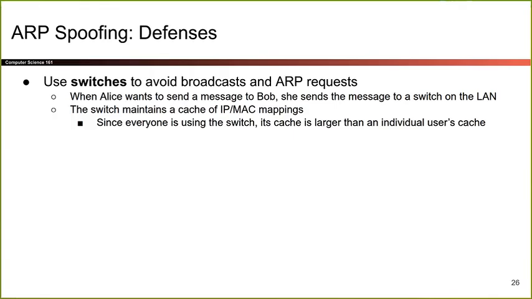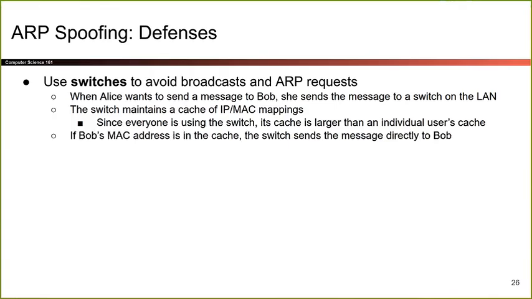So this also means that Faith, I guess, is an F name, sure. But yeah, the switch maintains a very large cache. And if Bob's MAC address is in the cache, the switch can just directly send a message to Bob. So even if Alice doesn't know Bob's MAC address directly, she can ask the switch, and then the switch will send a message for her. So she's avoided having to make a broadcast request.